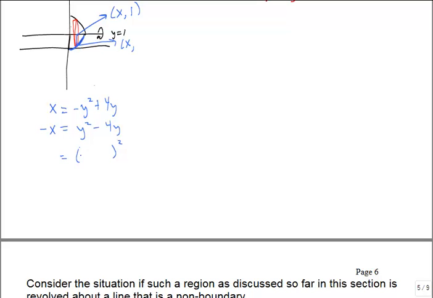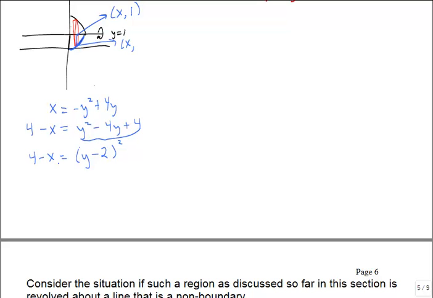And in order for it to have a y squared and a minus 4y, I would need a y and a minus 2, so that if I were to FOIL this out, I'd get back a y squared, I'd get back a minus 4y in the middle, but I'd also get a plus 4, which I don't have. So I'm going to add 4 to the right, and I'm also going to add 4 to the left to balance it out.